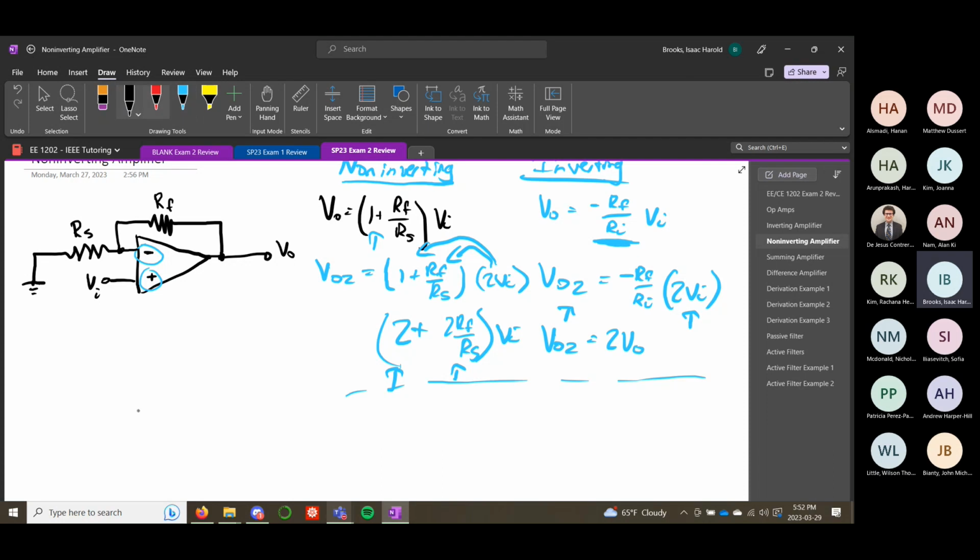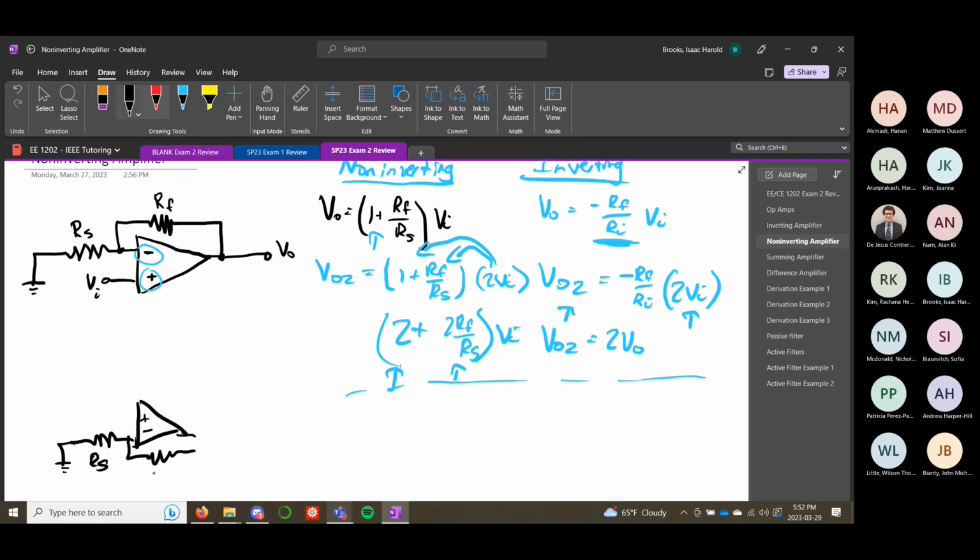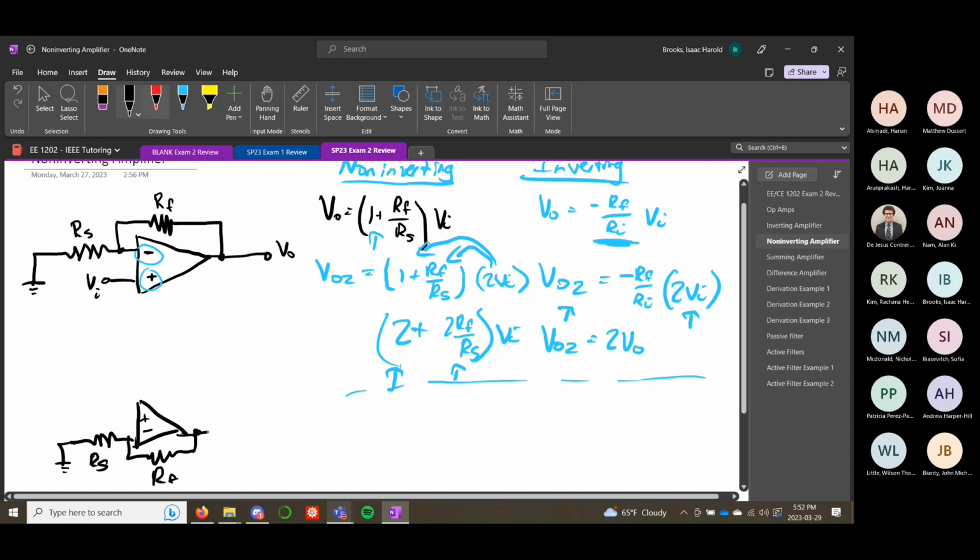I remember getting tripped up by this a lot, where if our circuit looks like this, and then this is our Rs, and that's grounded, and then maybe it comes around to this side, and then your positive input has some kind of a source here.